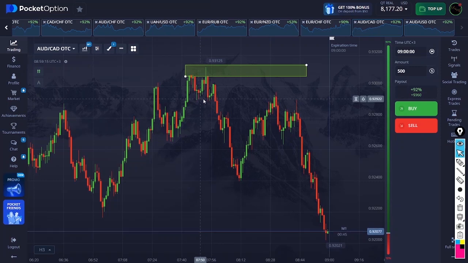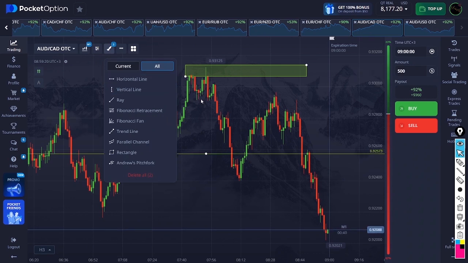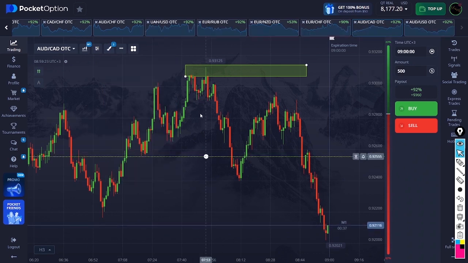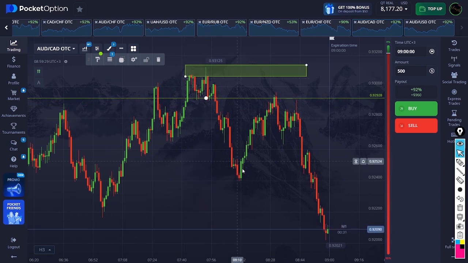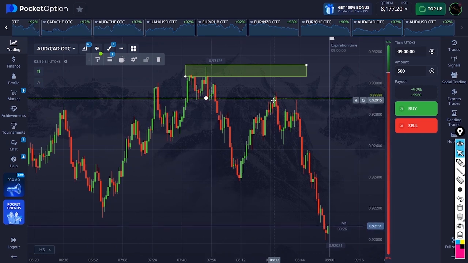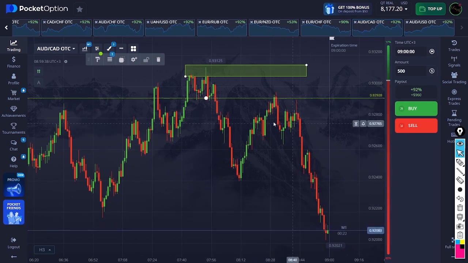Instead, we broke that lower high. So we can call this the neckline. Here's the neckline, and these two peaks are our double top. Once we broke our neckline, we are expecting the market to continue going down. So we're expecting a downtrend.